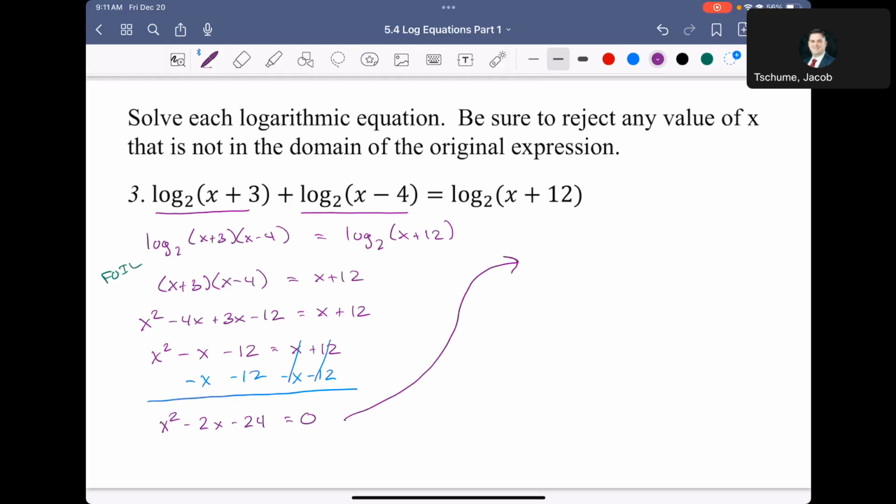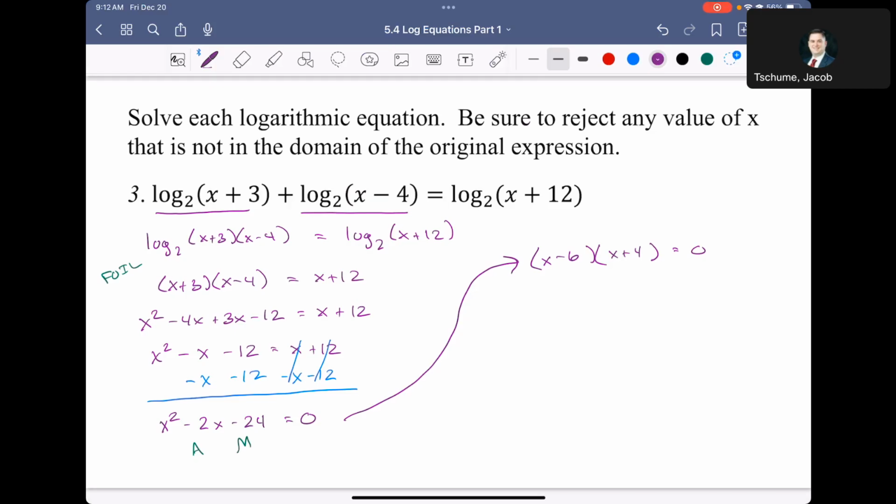So now we need to factor the left-hand side. If we haven't done as much factoring recently, make sure you get your skills out. So you need two numbers that multiply to get negative 24 and add to get negative 2. And if you think about it, those two numbers would be negative 6 and positive 4. Negative 6 times 4 is negative 24, and negative 6 plus 4 is negative 2.